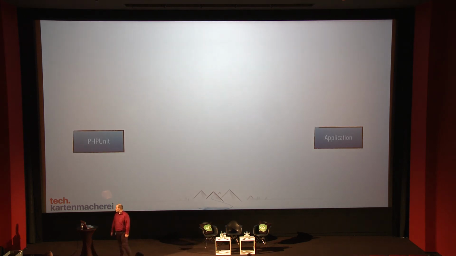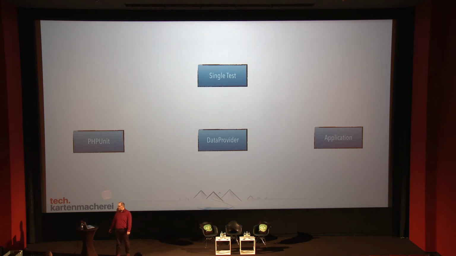In this code, again I use PHPUnit as the dependency, as the library to go. We still have our application on the other side, and again we use the data provider. As you know with PHPUnit, when you run a test that is using a data provider, the data provider gets run before the test starts at all.